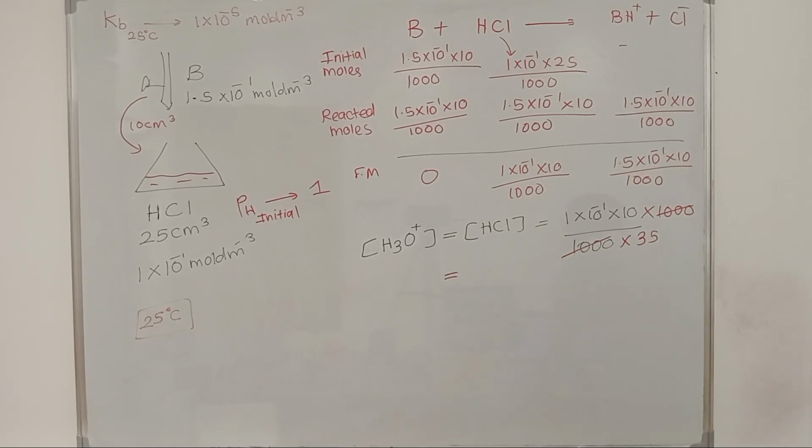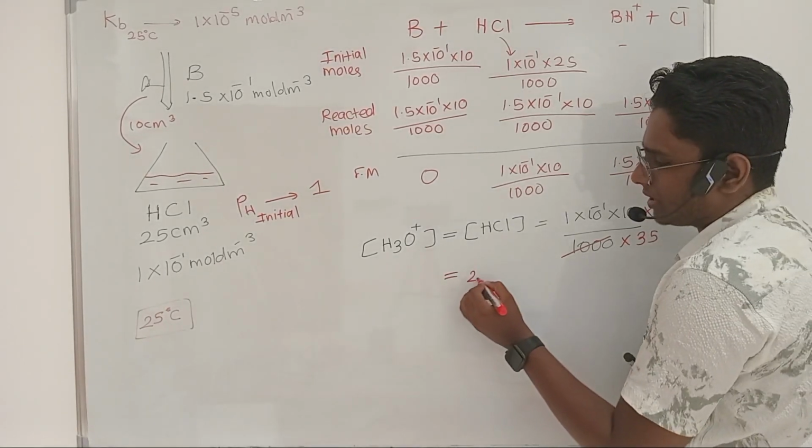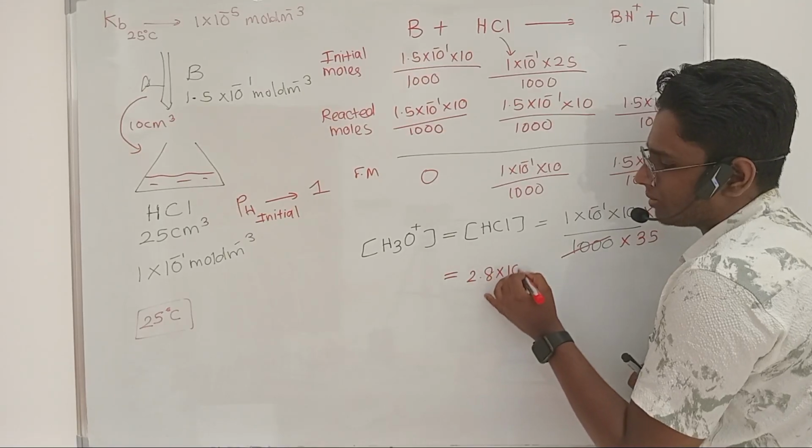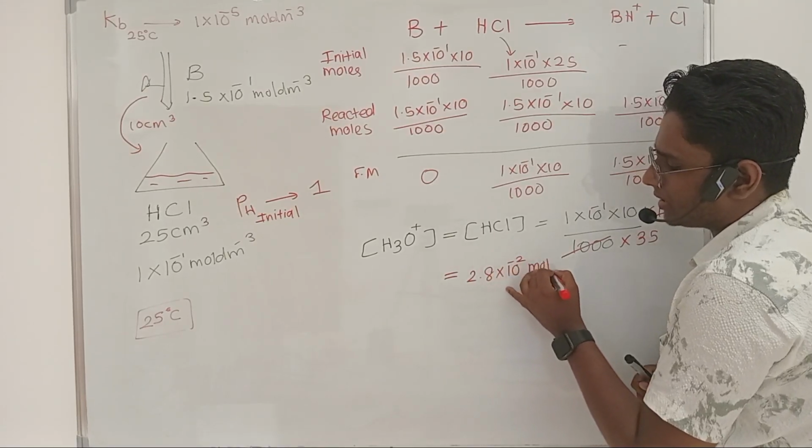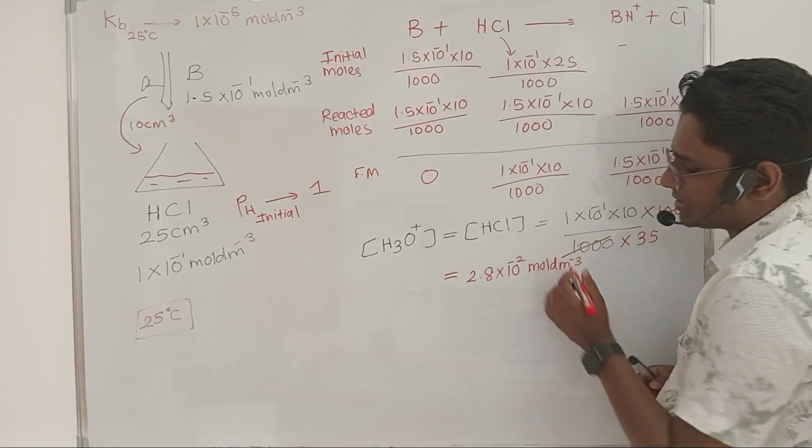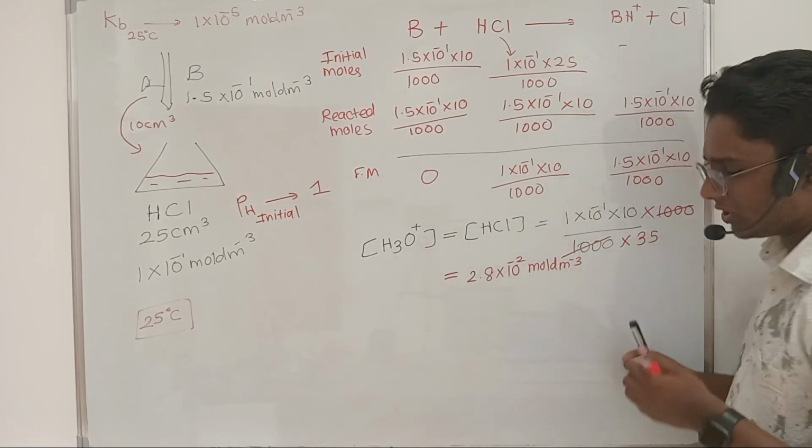That is 0.028, which I can write as 2.8 into 10 to the power minus 2 mole dm minus 3. That is the concentration of HCl, and also the concentration of H3O+.